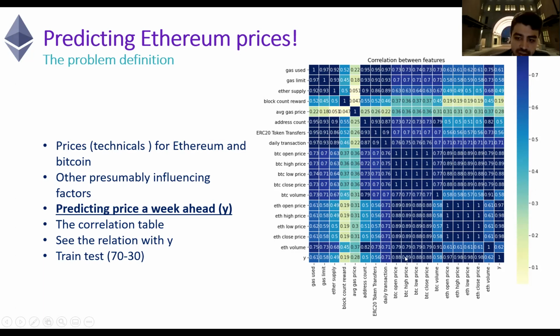But we can see it's also very correlated with the price of Bitcoin, so that hypothesis was not really unfounded. And we can see a bunch of other contributing factors: the number of daily transactions and the gas used seem to contribute to the next week's price.